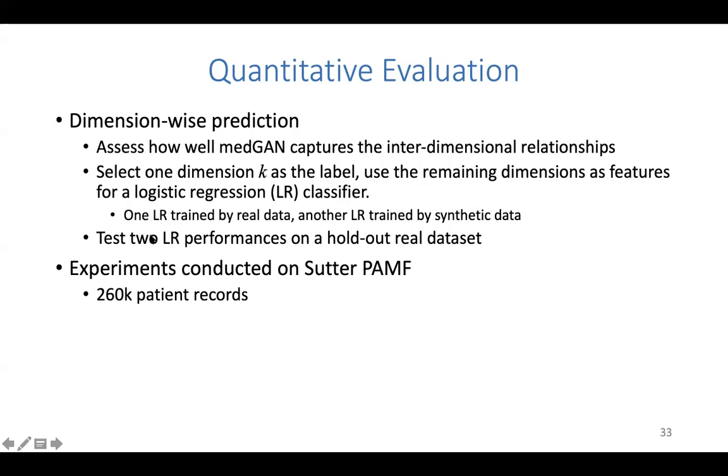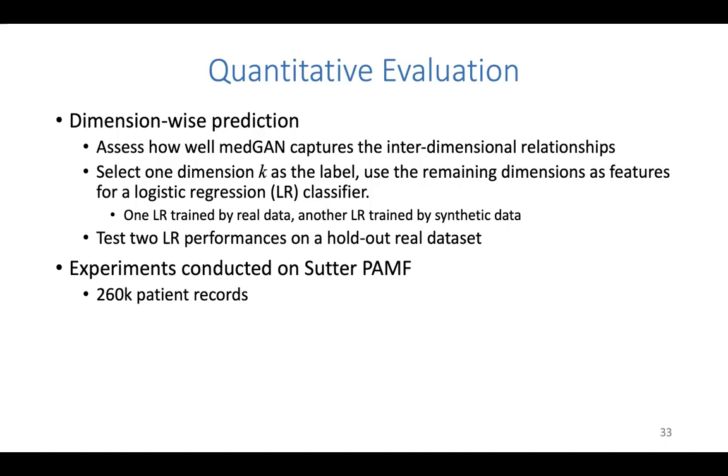And we test the two LR models' performance on a held-out real data set. So we have a test set of only real samples, and we test the two LR classifiers on this held-out real data set.